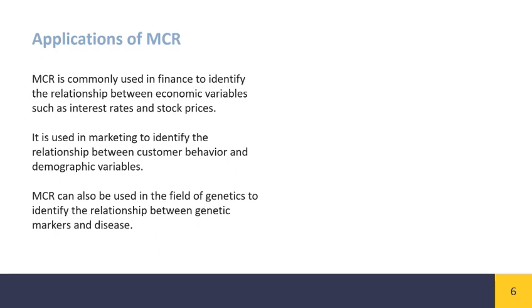So not only in mathematics do we use maximal correlation regression, but also outside mathematics, like in medicine and the field of science, to study genetic markers and genetic diseases.